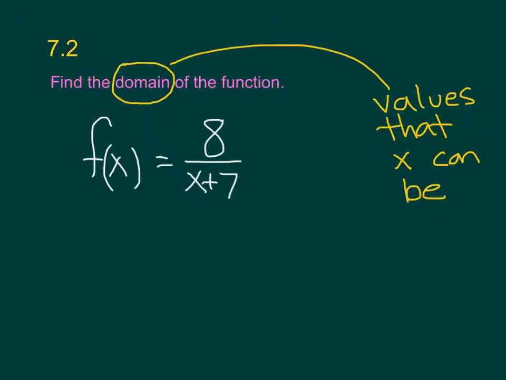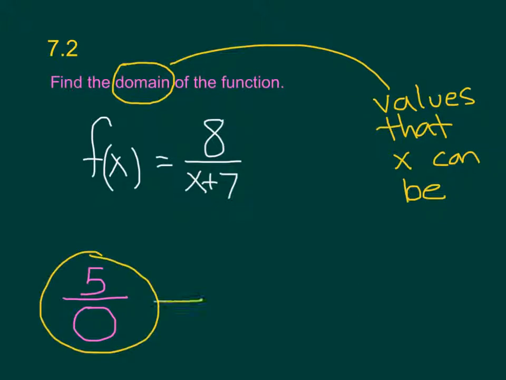What we're trying to avoid is any values of x that would make the expression undefined. If you remember, anytime we have a 0 on the bottom, this expression 5 over 0 is undefined. That's not something that we can give a numerical value to.